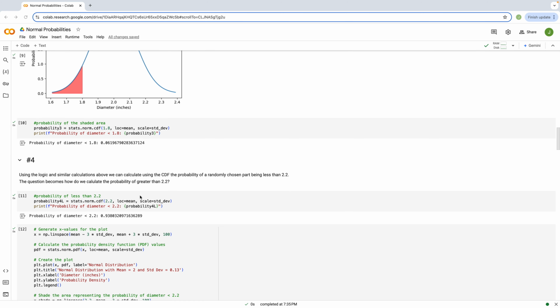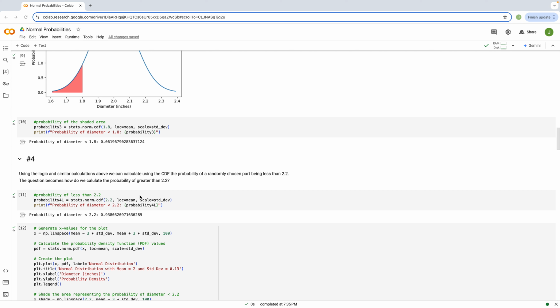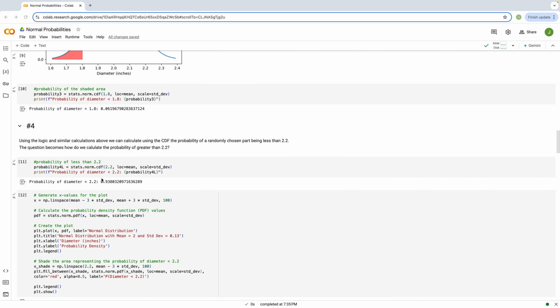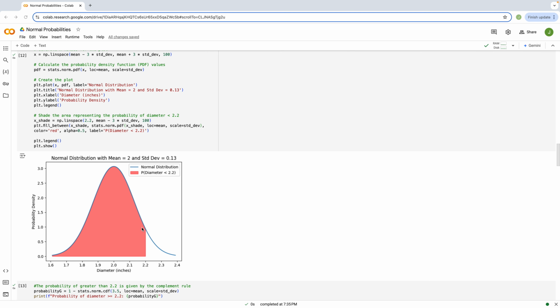Well, if we repeat what we did before with the cumulative, this is what we calculate with the CDF. We calculate the probability of less than 2.2. That's about 93, 94% of the diameters are less than 2.2 inches. And what this corresponds to with the cumulative distribution function, it's everything less than 2.2.